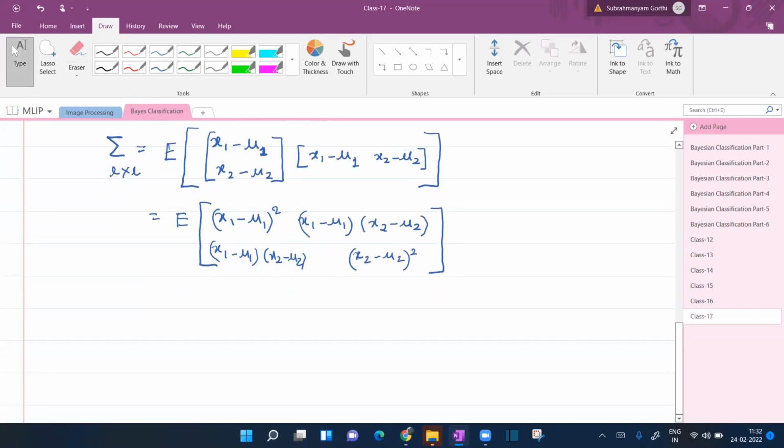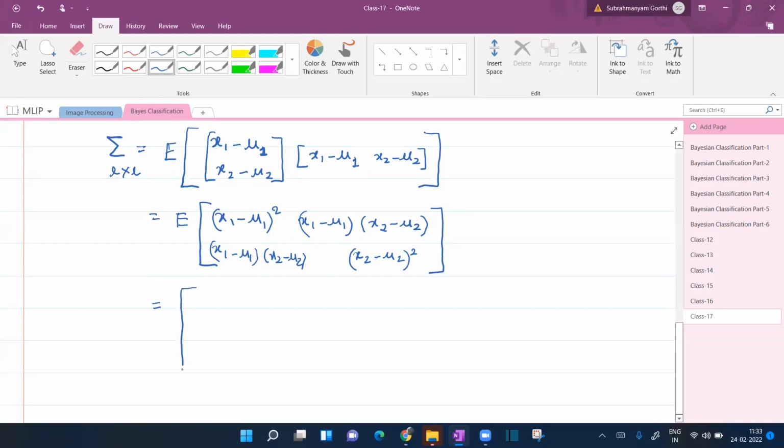So you are now going to compute expected value of x1 minus mu1 square, expected value of x1 minus mu1 into x2 minus mu2, and so on and so forth.